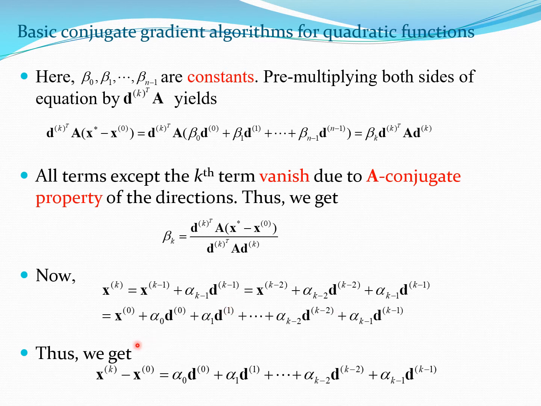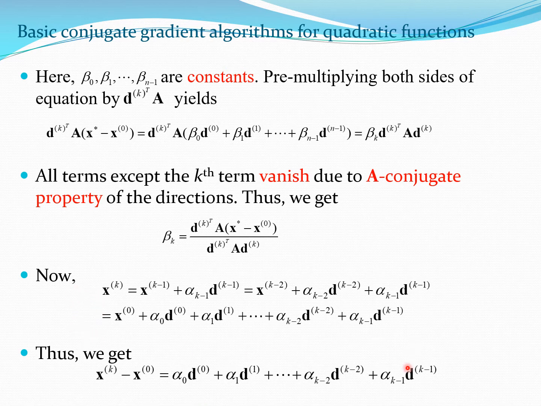All we are doing is expanding this whole thing out all the way to x0. If you do that, you get this equation here: xk is x0 plus alpha 0 d0 plus alpha 1 d1 all the way to alpha k minus 1 dk minus 1. And therefore I can then write xk minus x0 as this equation here. So essentially this is coming out of this here.